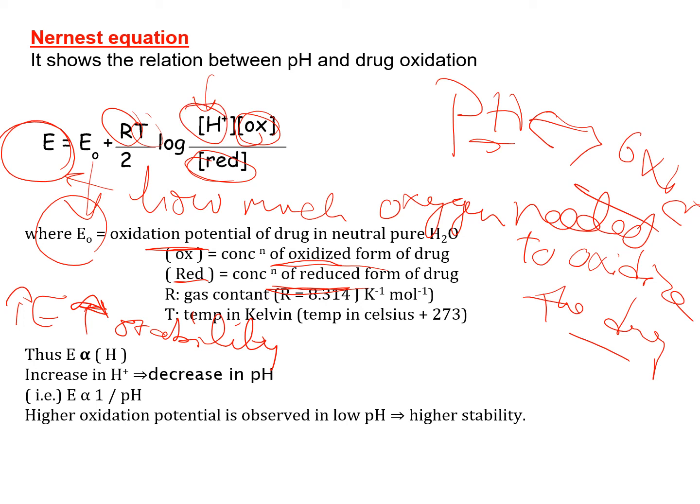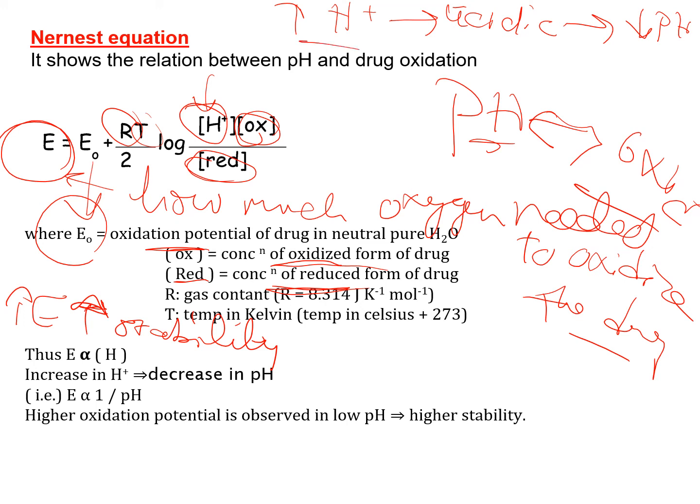So there is a relation, you know, between H plus and pH. If there is more acid, if H plus is high, it means the medium is acidic. It means the pH is low, because you know the acidic pH is from 1 to 6 or something like that, and the alkaline pH is above 7, below 7 and above 7.